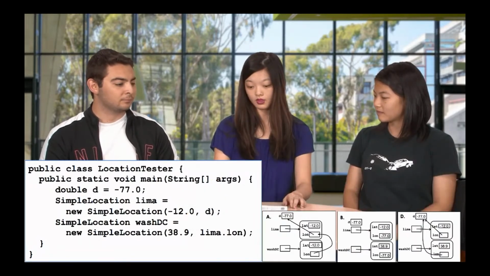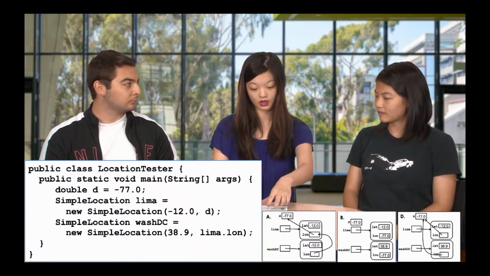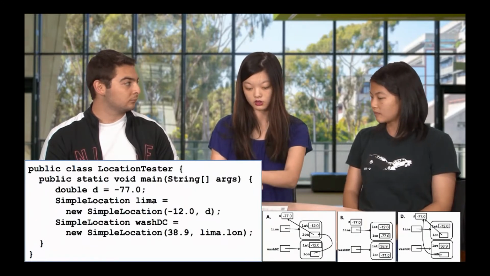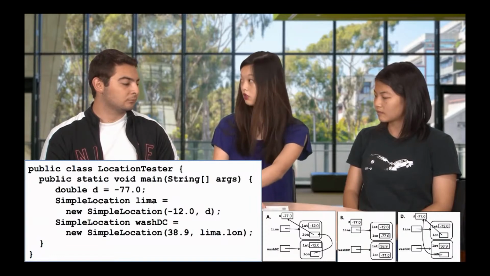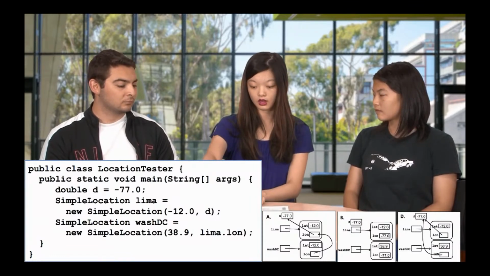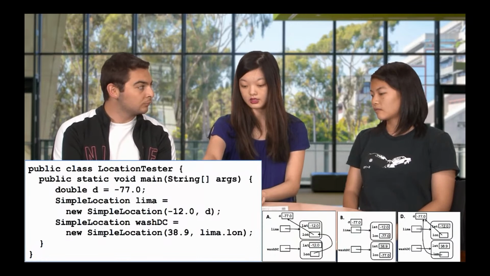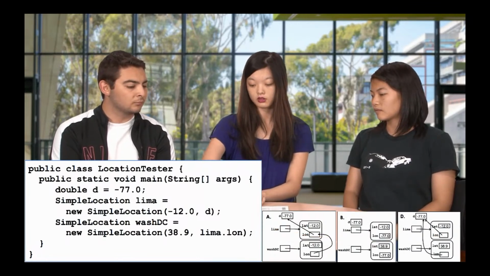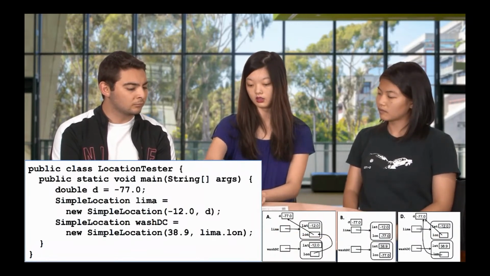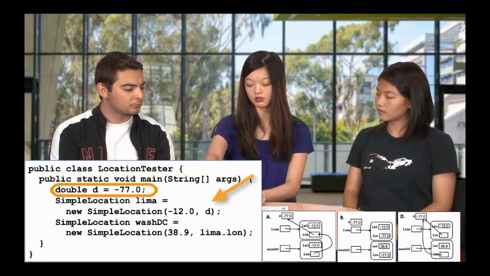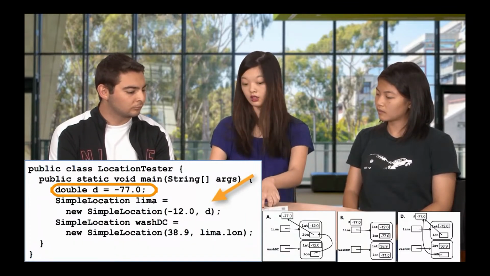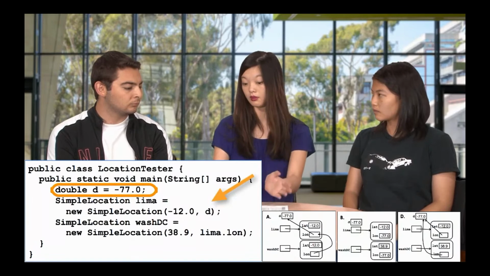Okay. But the part where I got a bit confused was when I tried to look at each of the different locations in memory. And I understand why latitude is -12 for each one of these, but I don't really get why D doesn't point to -77, or whether it actually is just -77 in the box.